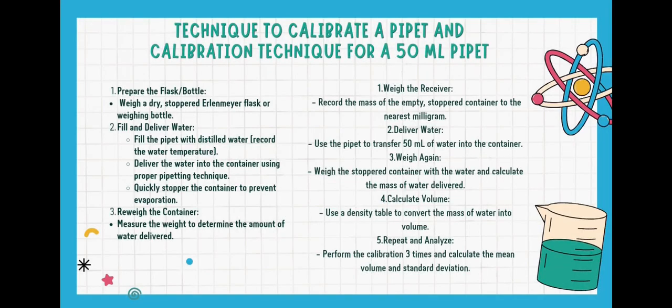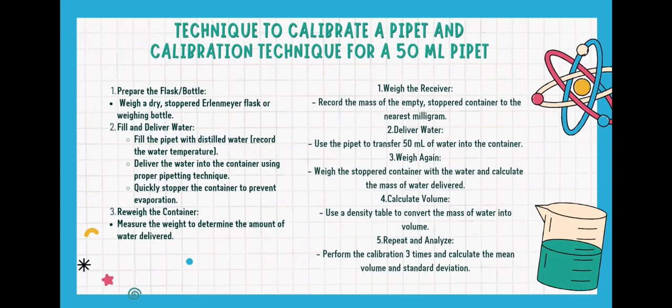Next, I will explain the technique to calibrate a 15 ml pipette. The first step is to determine the mass of the empty stoppered receiver to the nearest milligram. Second step is to transfer the 15 ml volume from the pipette into the stoppered container.